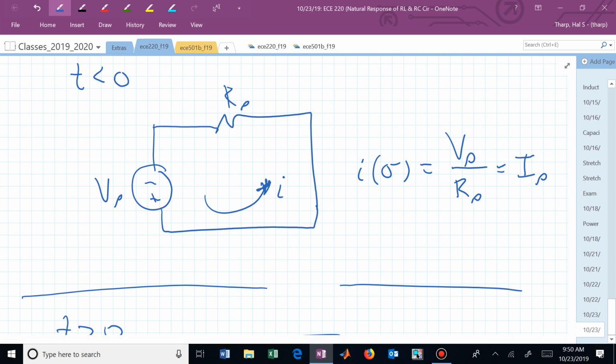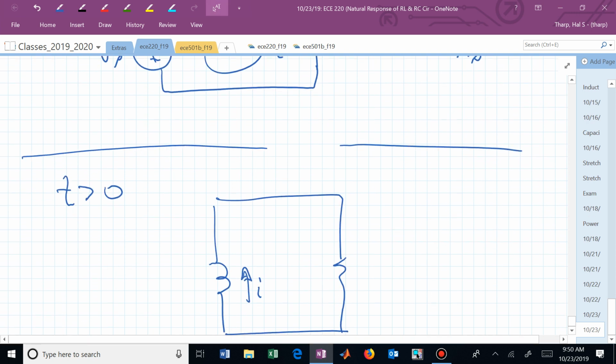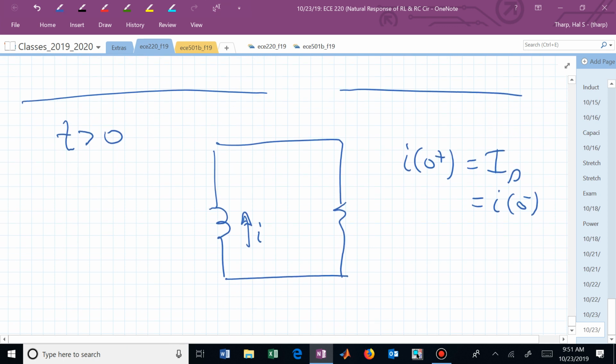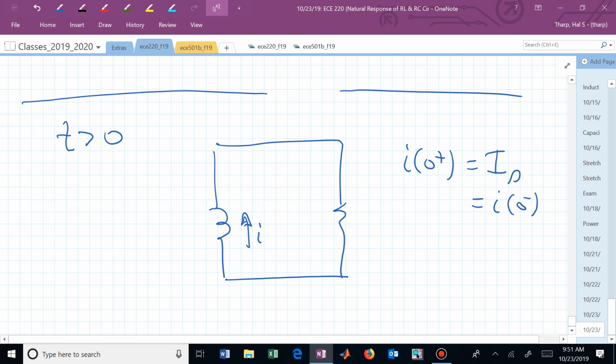It's continuous, so now we know at time 0 plus, this is going to be the same as what it was at 0 minus. Now we've established the initial condition on that inductor, and we can solve that differential equation given that switched source to establish the initial condition. We'll pick up there tomorrow.